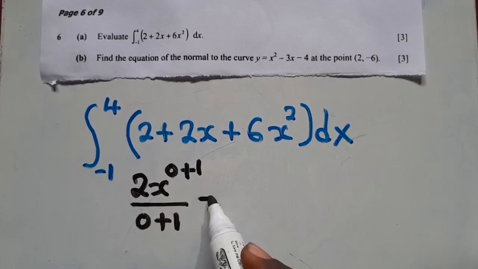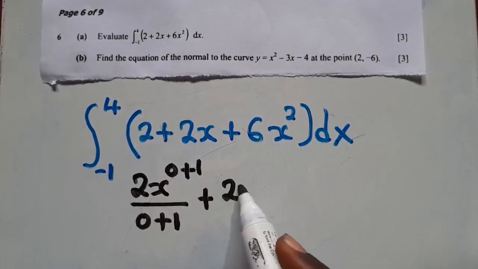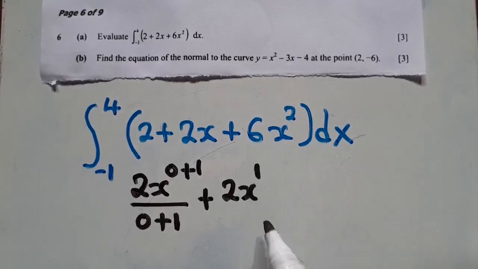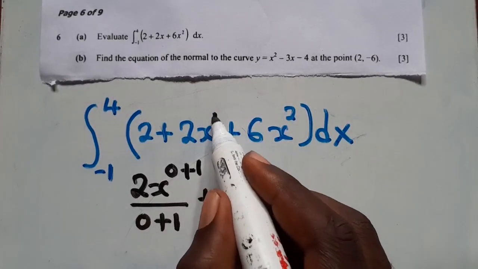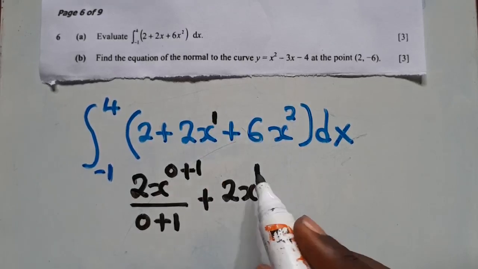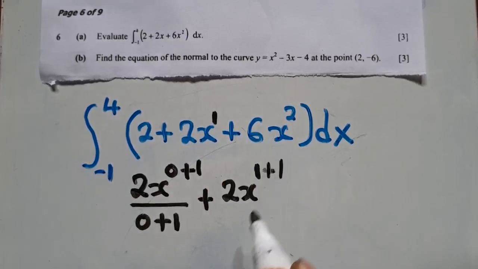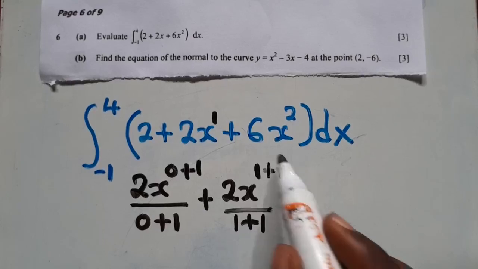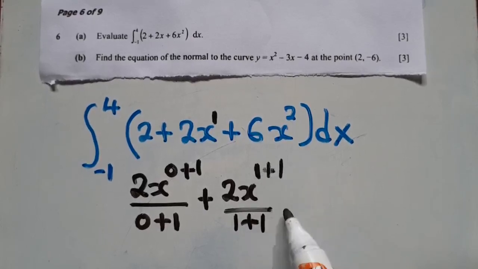Then you say plus, this is 2x power 1. When a power is not indicated, meaning there is a power 1, you say plus 1 over 1 plus 1. So the power always comes down.